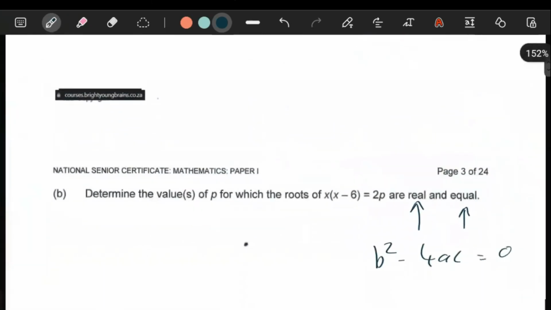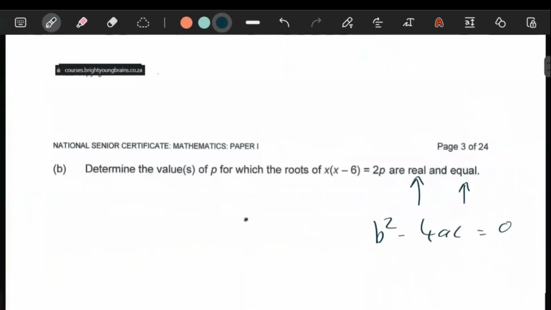You always want to put this in quadratic format first before you can make use of this equation. So putting this in quadratic format, you can multiply inside your bracket. You can have x squared minus 6x, and then the 2p can come over. That's going to be negative 2p equal to 0.